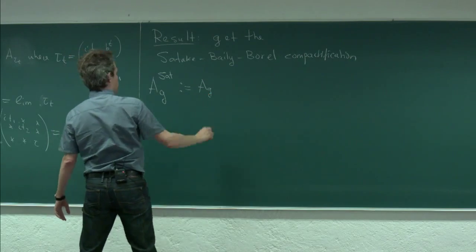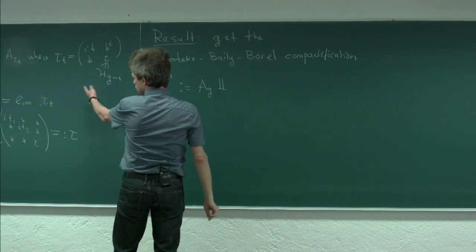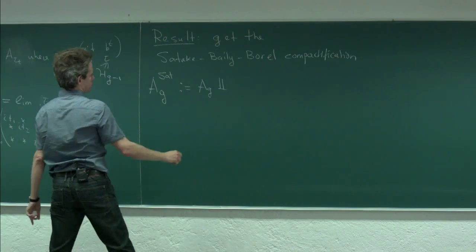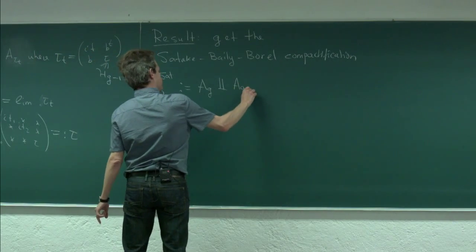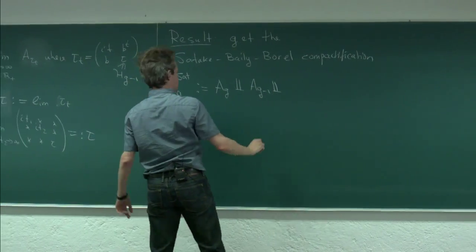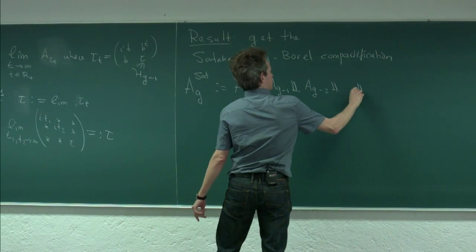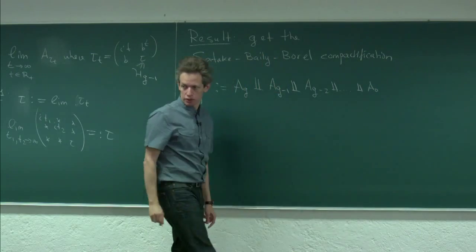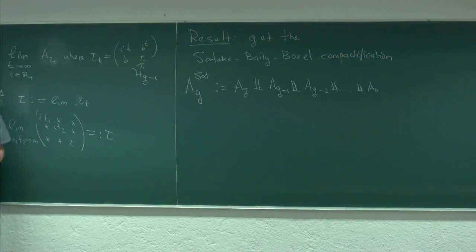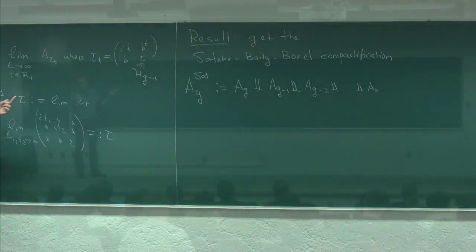You take A_G, then for these guys, I have just taken a period matrix of dimension 1 less. So it's an abelian variety of dimension 1 less. Here it's an abelian variety of dimension 2 less. And I keep going. So this is a Satake compactification that I have written down as a set, right?